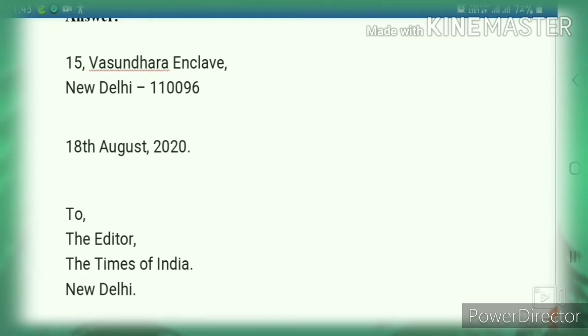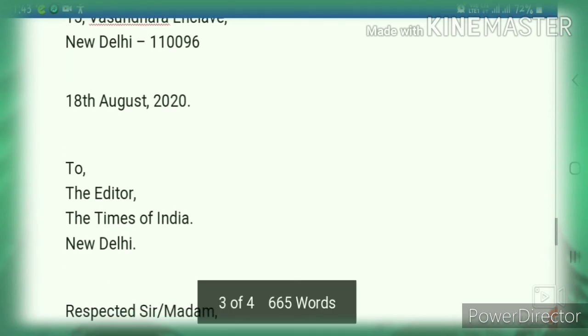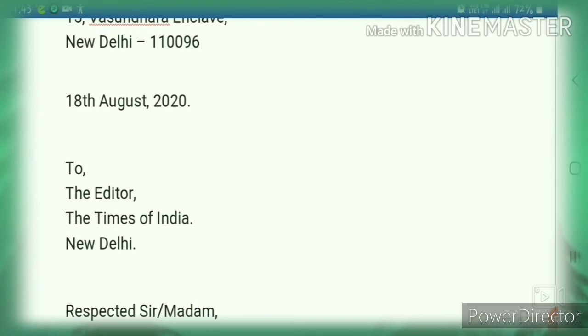So, the sender's address will be 15 Vasundhara Enclave, New Delhi 110096. All right. After that, I told you to leave one line and write the date. So you will be writing the date on which you write this letter. So you can write 18th August 2020.